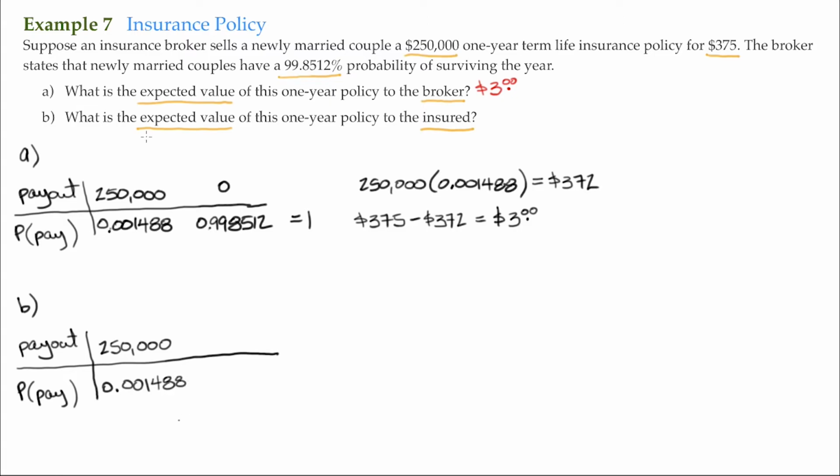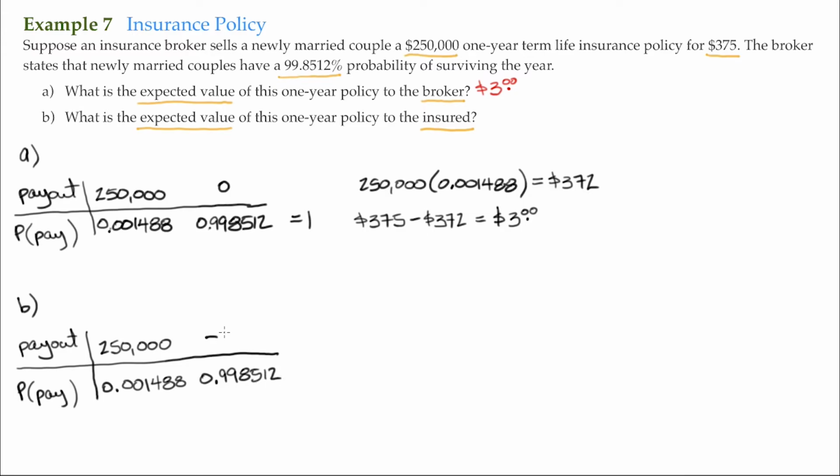Except this is, what is the expected value of this one-year policy to the insured? Well, the insured had to pay $375 for the policy. So if they don't survive, they get $250,000. If they do survive, that's 0.998512.